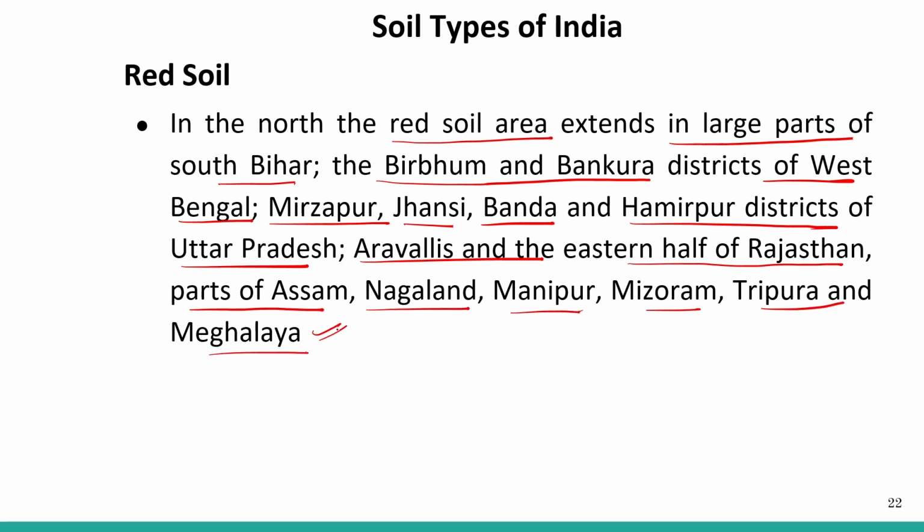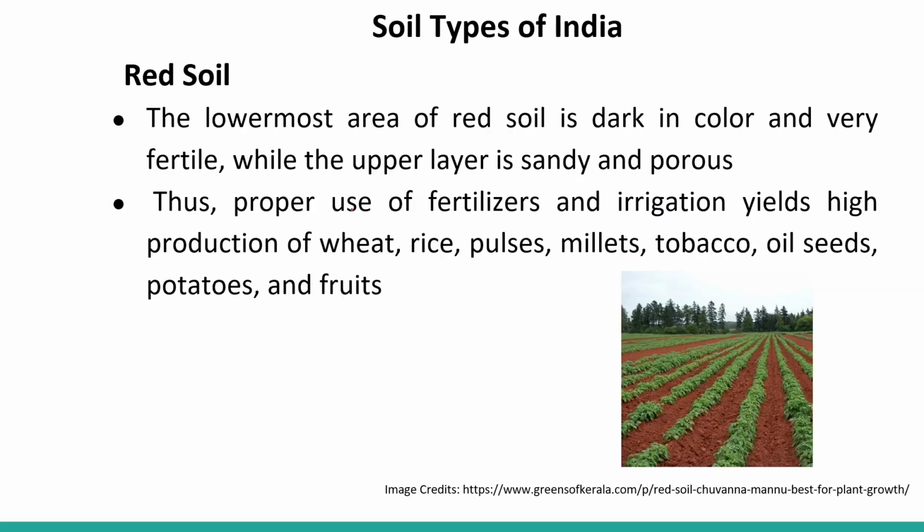So the eastern states basically have lots of red soil. They are present in Madhya Pradesh. They are also present in West Bengal, right? Bihar and some districts of Uttar Pradesh also.